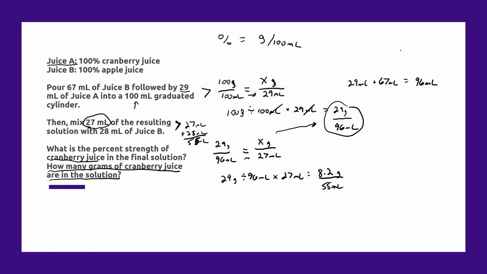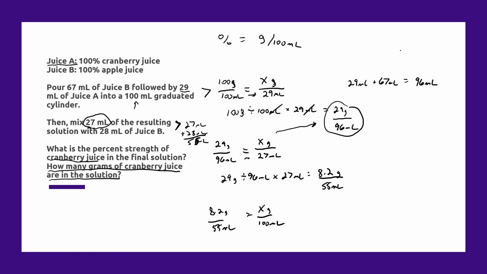But what is percent strength? It's how many grams there are per 100 ml. So we need to solve for that. X grams of cranberry juice are in 100 milliliters when we know we've got 8.2 grams per 55 ml.